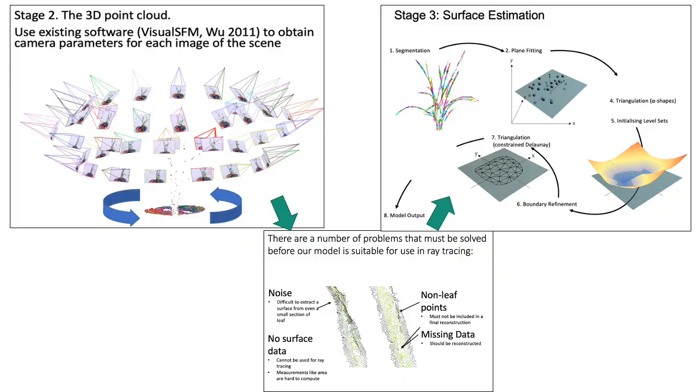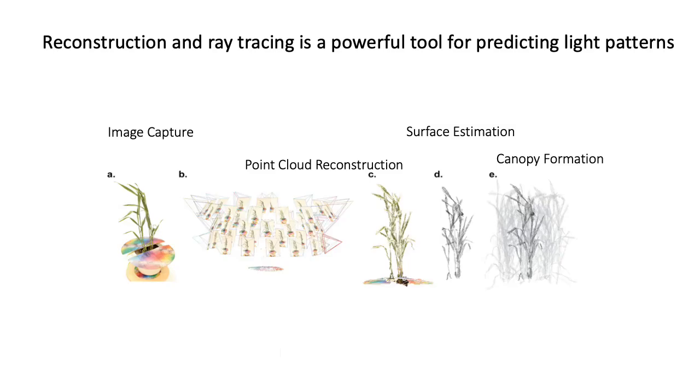The 3D point cloud is created. The surface estimation is carried out. This creates a 2-dimensional surface that we can use for ray tracing. And again, I refer you to Alexandra Burgess's presentation that precedes mine. So reconstruction and ray tracing is a powerful tool for predicting light patterns.